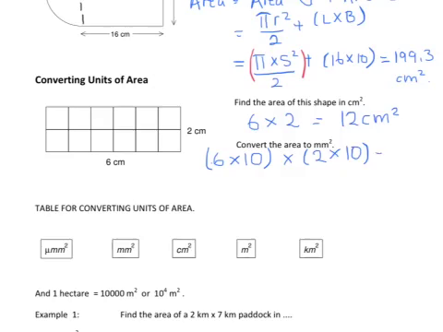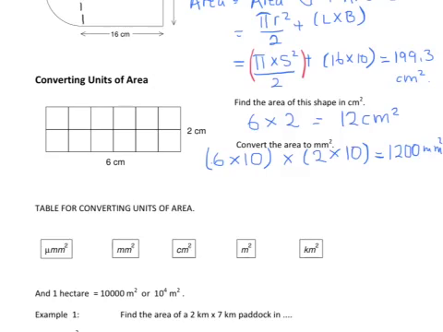So now I have 1200 millimetres squared. Now remember, to convert centimetres to millimetres we multiplied by 10, but to convert centimetres squared to millimetres squared we had to multiply by 100.